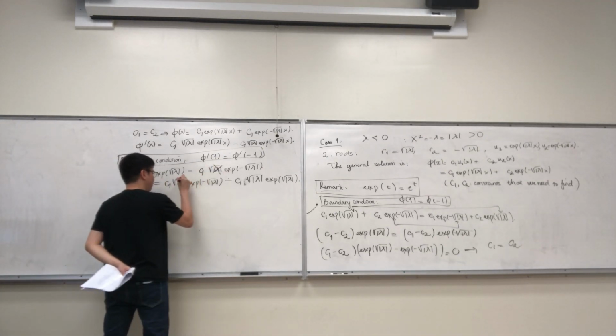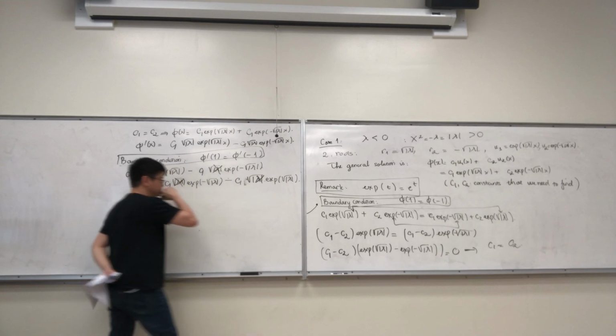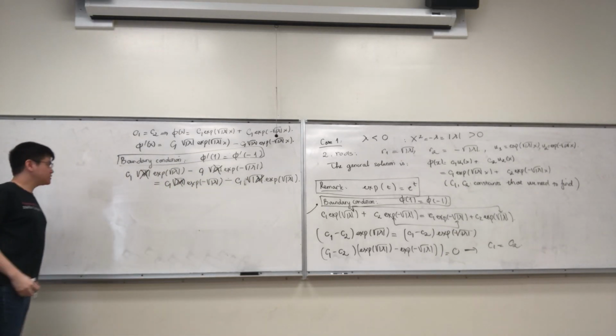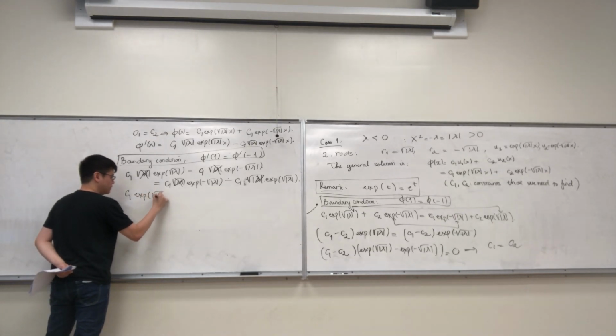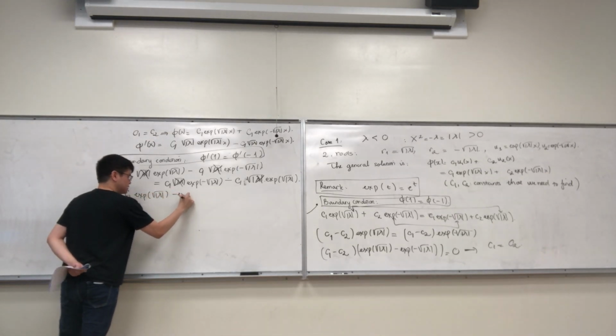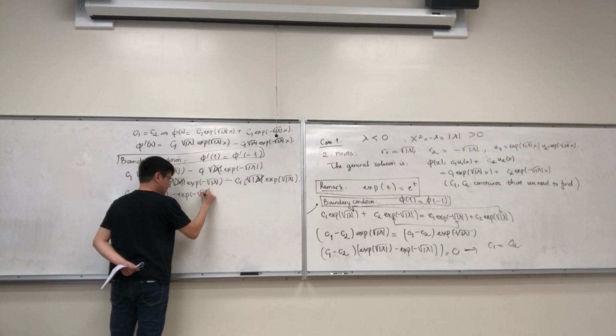So I'm going to see that here I have lambda, so I'm going to remove all of the square root of lambda. Now I have C1 here and C1 there, so I put everything into C1. I have C1 times exponential of square root of lambda minus exponential of minus square root of lambda.